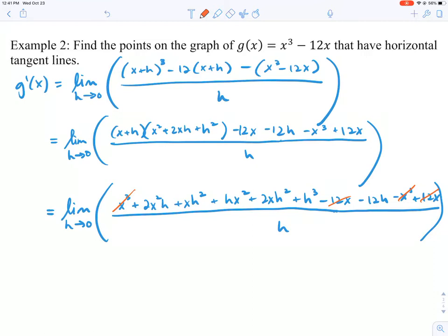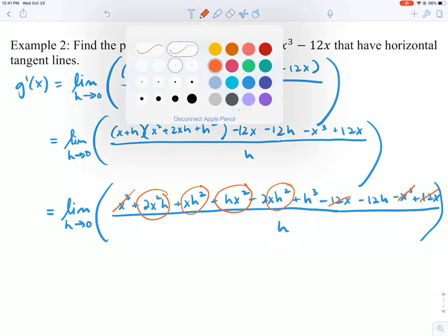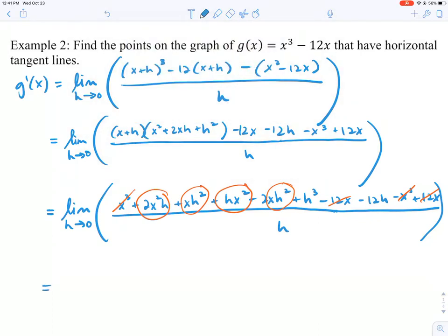Now we have like terms, so I'm going to combine like terms in the numerator.